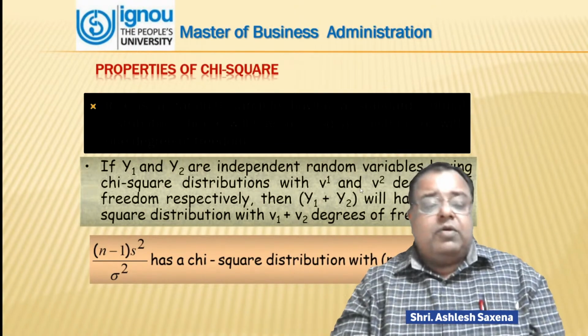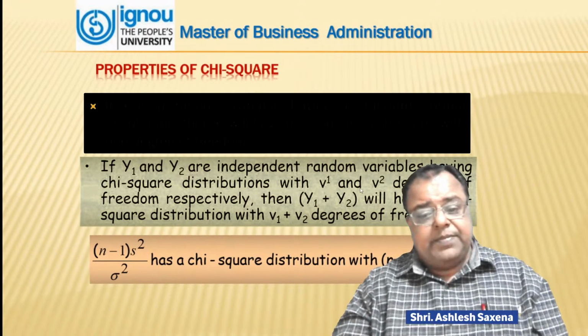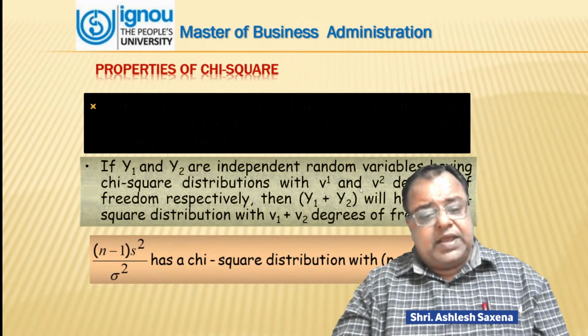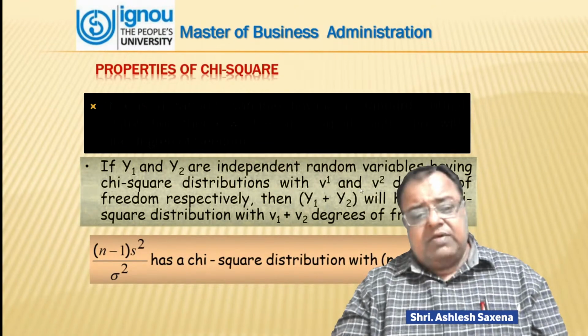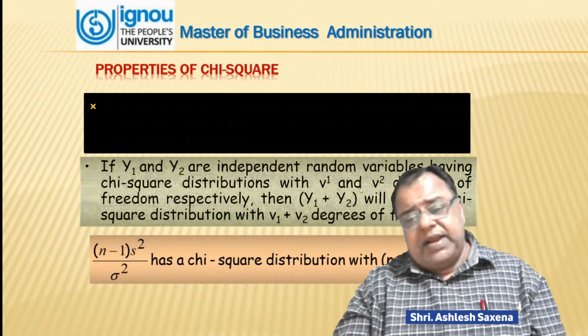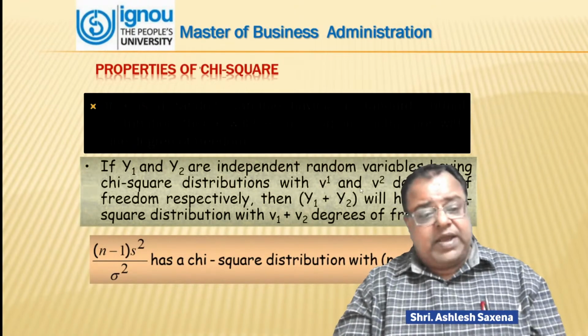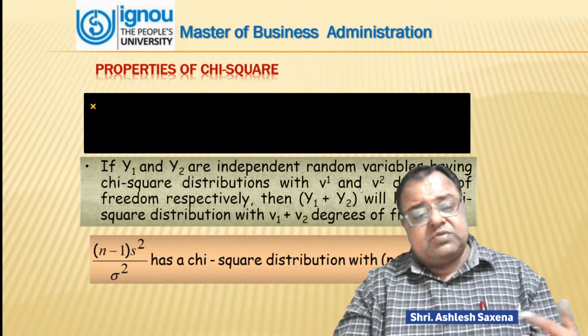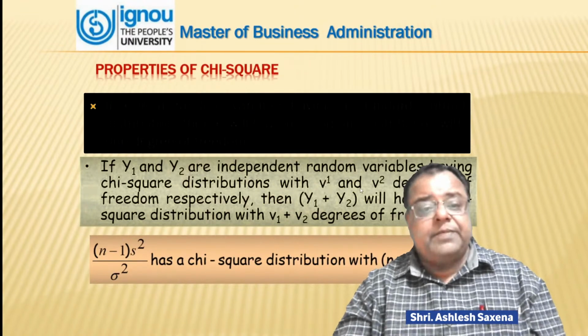That means both degrees of freedom will be added up. And if we have to calculate chi square with n minus 1 degrees of freedom, then we have to calculate n minus 1 times s square upon sigma square.